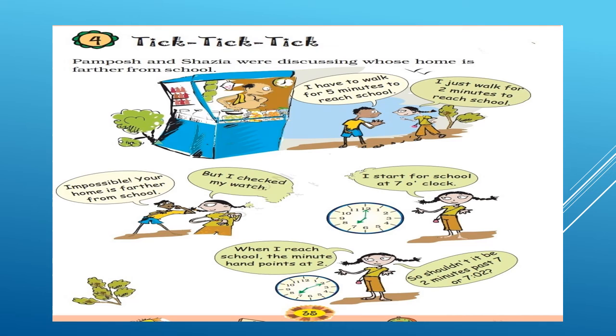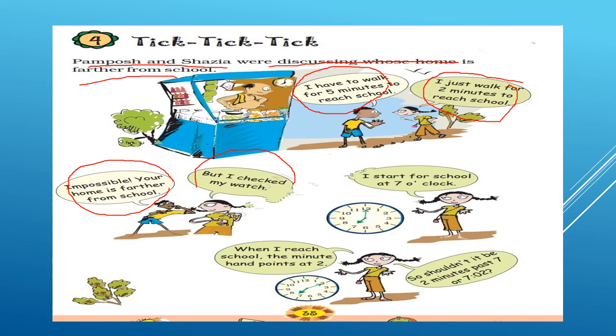Let us try to solve the problem of Pampos and Shazia. Pampos and Shazia were discussing whose home is further from school. I have to walk for 5 minutes to reach school. I just walk for 2 minutes to school. Impossible. Your home is further from school.